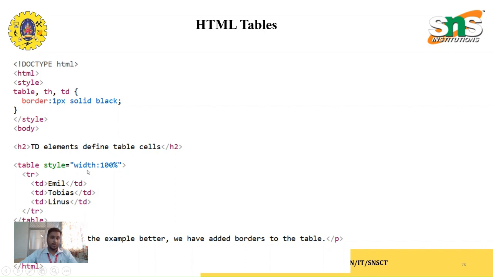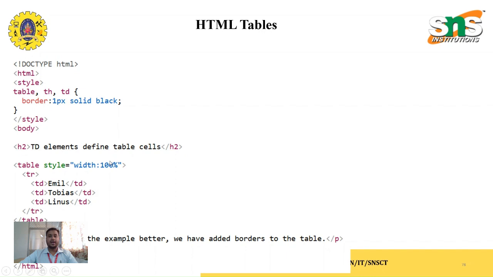So considering this example, there will be only one row. Why? Because the table row and the slash table row are present only one time in this slide. Before the table row and table data, there is a heading line, that is heading level 2. TD elements define table cells, and the style will be a width of 100 percent.